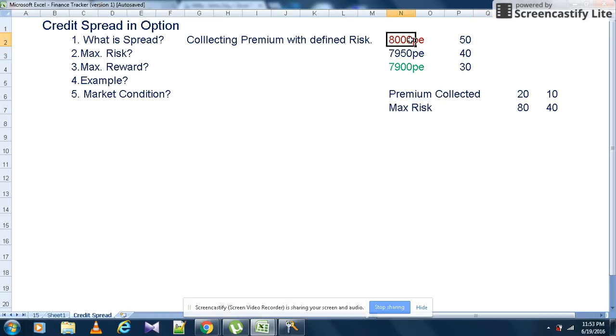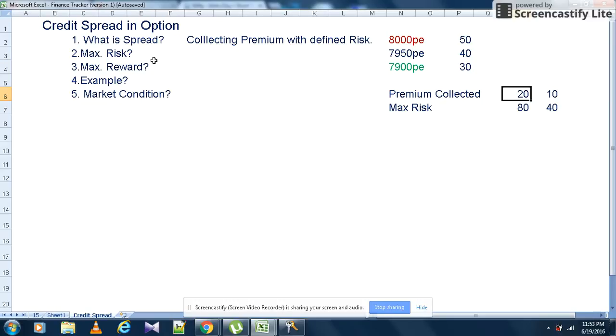So let's sell the 8000 put option at around 50 rupees, and let's buy a 7900 put option at around 30 rupees. The premium that you are collecting is around 50, and the premium that you have to give is around 30 rupees. So you will be getting a premium of 20 rupees, and that is the maximum profit you will get out of this strategy.